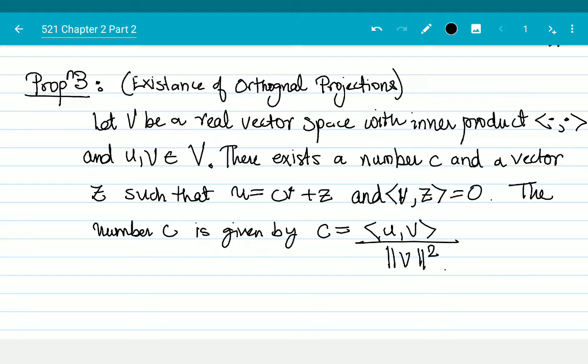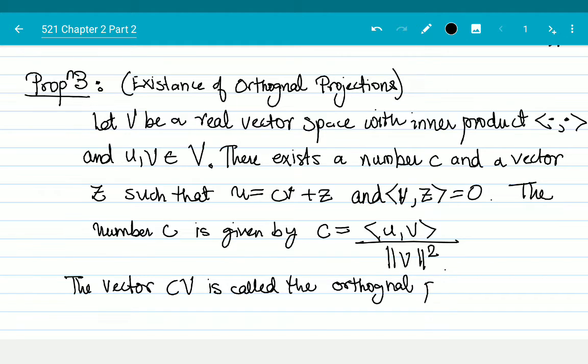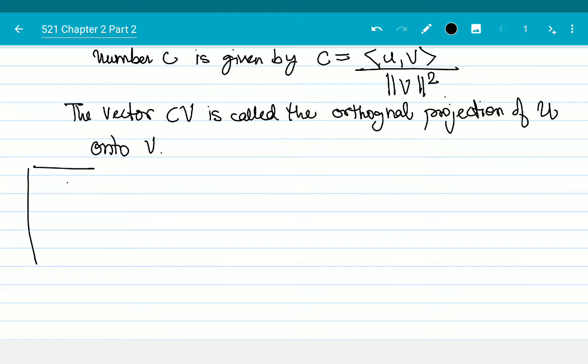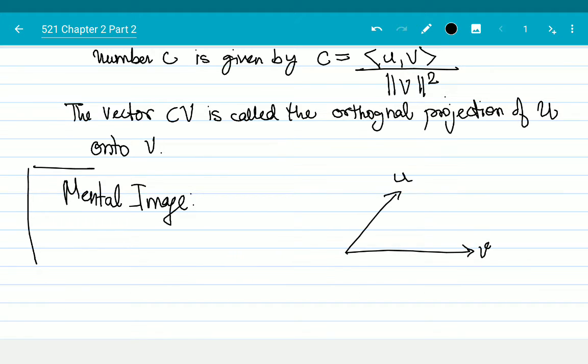The vector CV is called the orthogonal projection of U onto V. If you want to have a mental image of what is going on, think about it as a vector U, a vector V, and then the orthogonal projection is this.